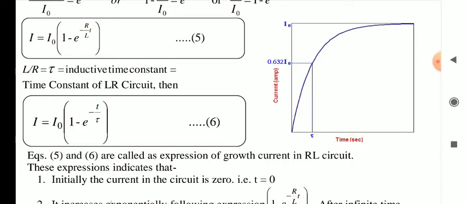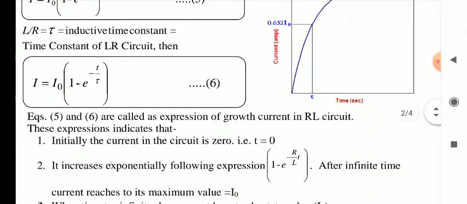The value of this time constant tau is determined with the help of this graph. If you draw a line at a magnitude equal to 0.632 times I naught, we get the value of tau.